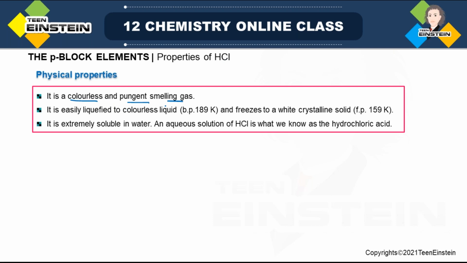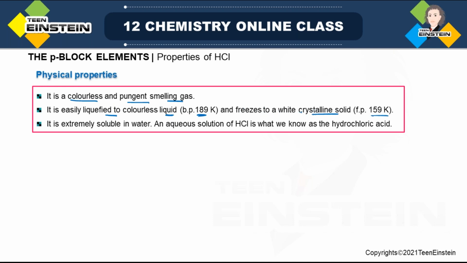Normally when we say HCl, at first glance it seems that it is a liquid, but the liquid that you see in the laboratory is nothing but its water solution. Actually it is gaseous. It can be liquefied to a colorless liquid below the boiling point, that is 189 Kelvin, or it can be converted to solid, that is, it freezes to a white crystalline solid.